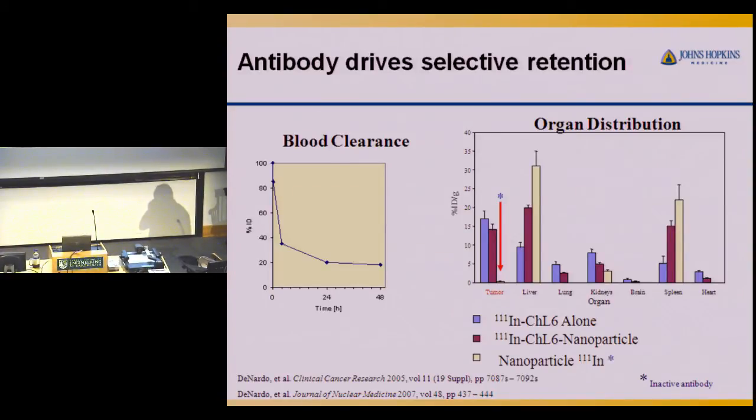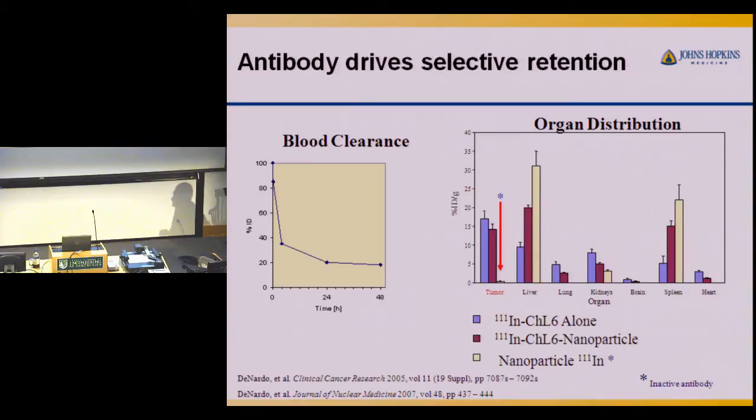So what you see in front of you are results, blood clearance on the left, organ distribution on the right, of these nanoparticles that were labeled with chimeric L6, a humanized antibody for the L6 antigen, overexpressed in prostate and breast cancer.